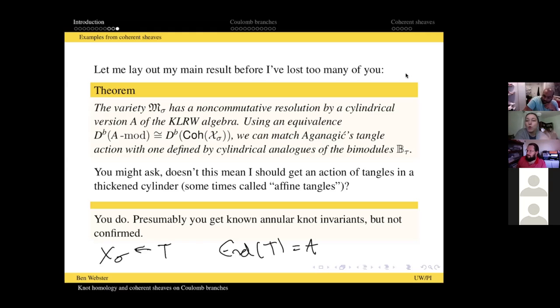So what do you mean by it behaves like a categorical resolution? Oh, I mean, yeah, I think we're going deeper down this rabbit hole. But Van den Bergh has a definition of a non-commutative Crepant resolution, where you have a reflexive sheaf on the affine variety, and your algebra is the endomorphisms of that reflexive sheaf.